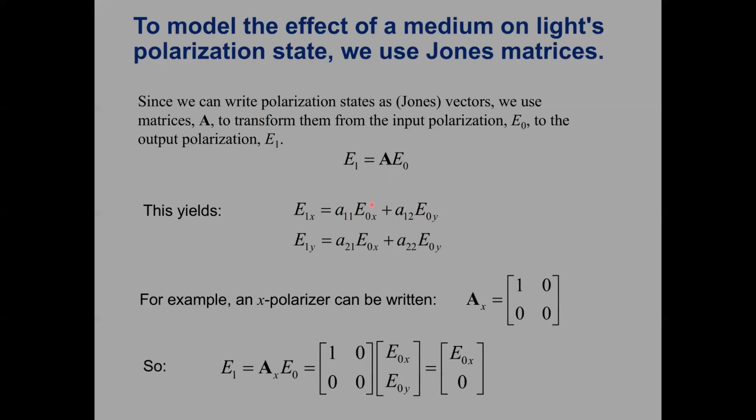The zeros are our electric field components before we hit whatever device we're talking about, and the components with the subscript 1 are the electric field components after we pass through that device. The simplest example here would be an X polarizer. So we could take this system of equations and write it as a matrix equation. That's what's showing down here.